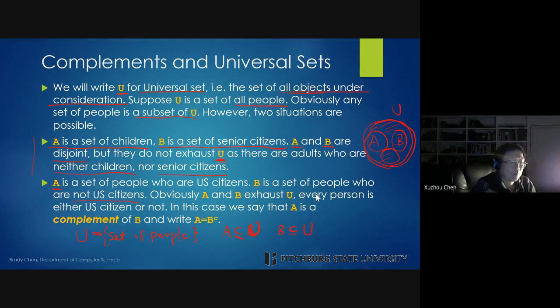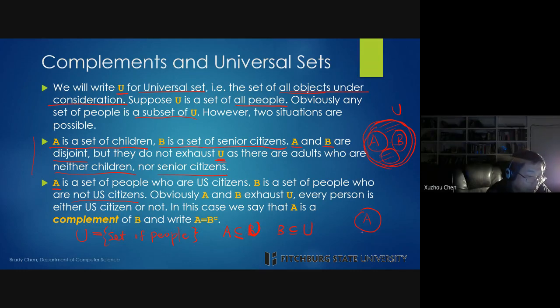Now, if we put A and B together, do these two sets form the universal set? Let's say A and B are disjoint, right?